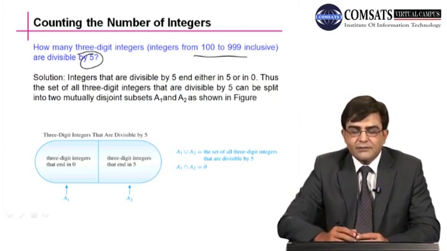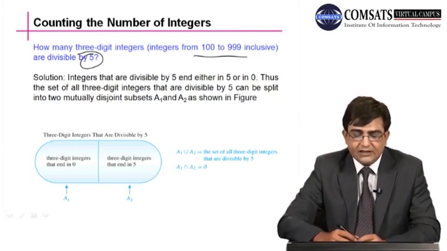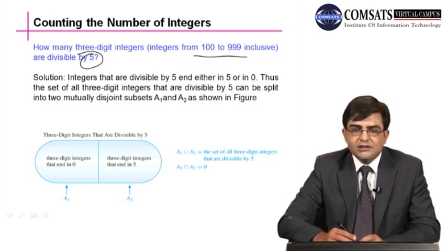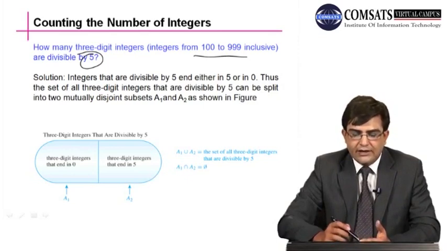This is basically something you have discussed in elementary classes, that only those integers are divisible by 5 in which the last digit is either 0 or 5.